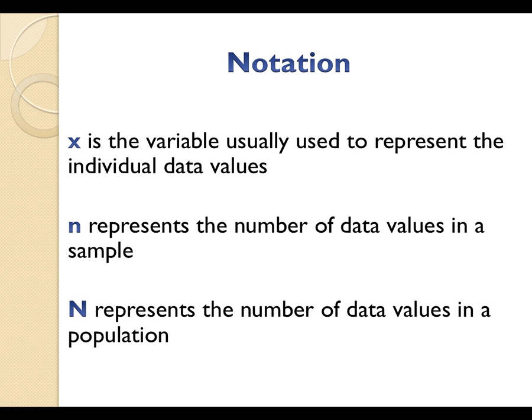X is the variable usually used to represent the individual data values. Little n represents the number of data values in a sample. Capital N represents the number of data values if the data set you have happens to be a population rather than a sample. Little n is for a sample because the sample is littler than the population.